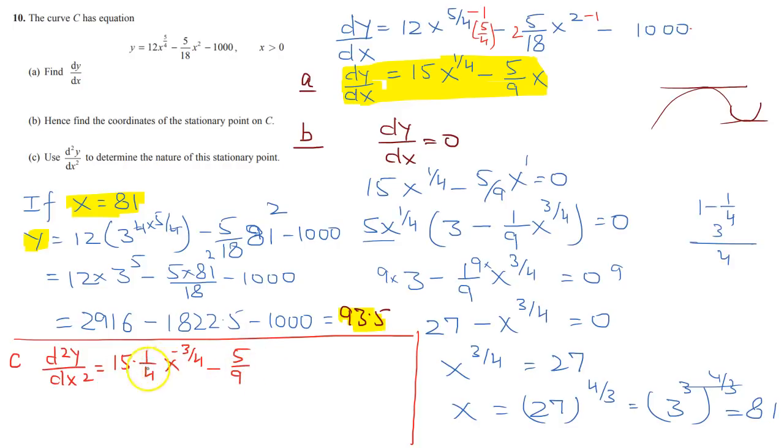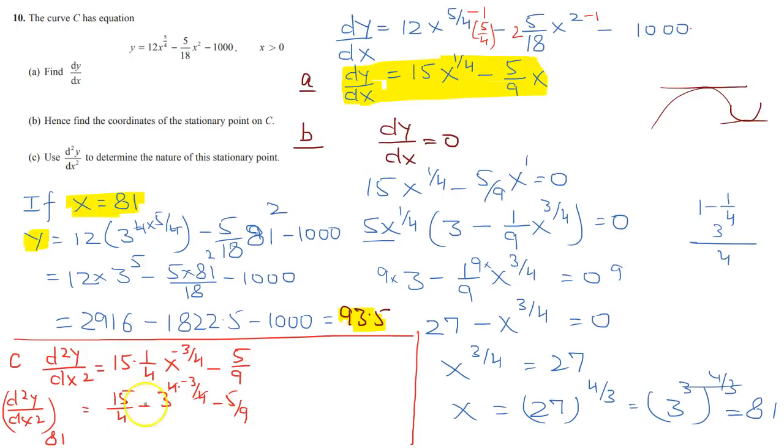Now d2y over dx squared at x is equal to 81 is equal to 15 over 4 times 81, which is 3 to the power 4, multiplied by minus 3 over 4, minus 5 over 9.